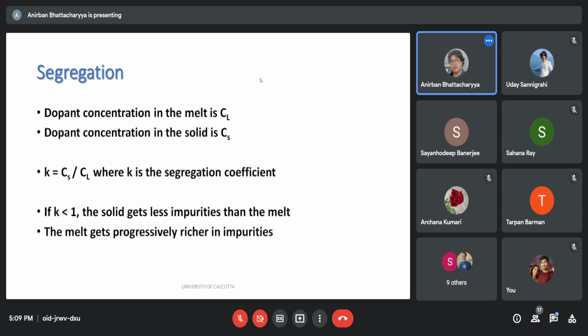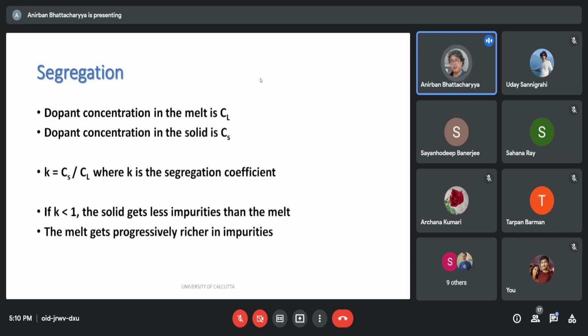Now, the concentration of sugar in that water was Cl. The concentration of sugar in the ice is Cs. But Cs is less than Cl. So now you tell me what is going to happen at this point.